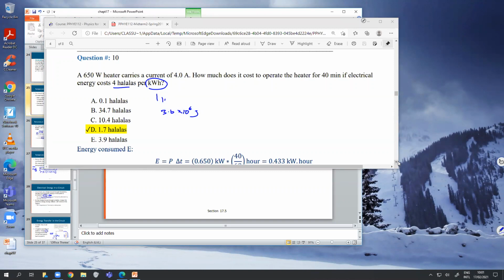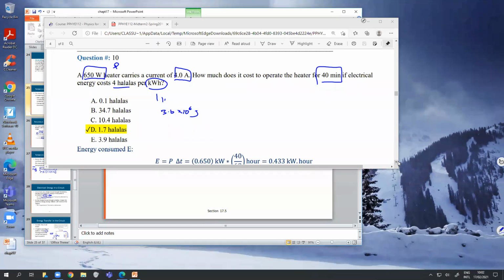Now we need to find how much we pay if we use a heater which has a power rating of 650 watt, the current is 4 amperes, and we use it for 40 minutes. So we need to know how much energy we consumed.